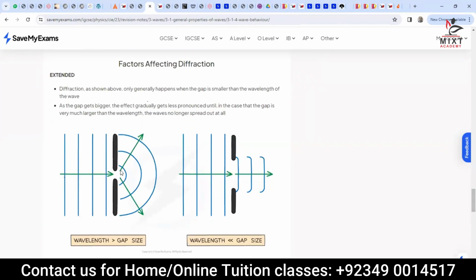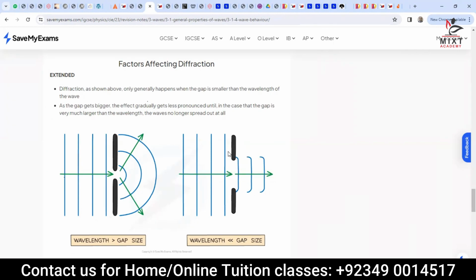check this out. If the wavelength is greater than the gap, or you can say the gap is very small, they are more round waves. But if the gap is too much, that round will change into sort of straight lines.